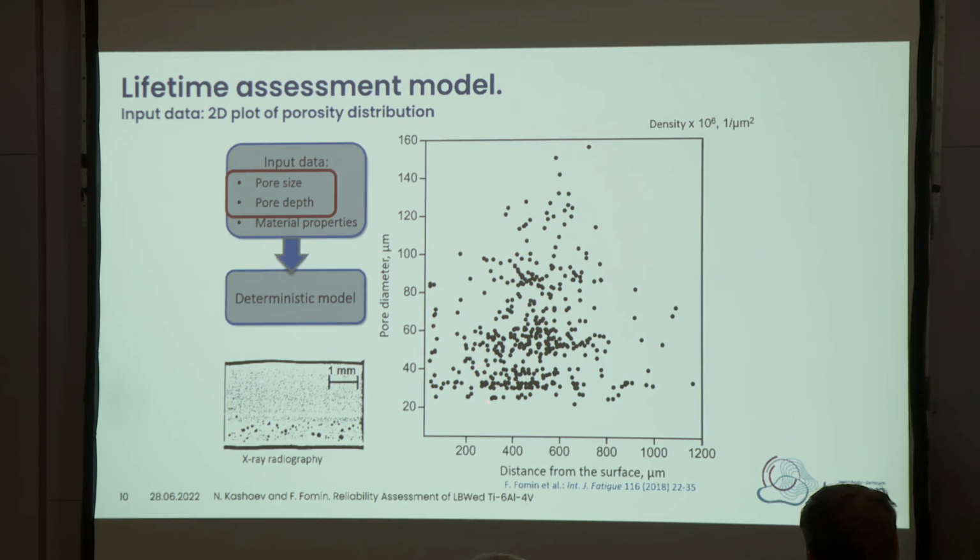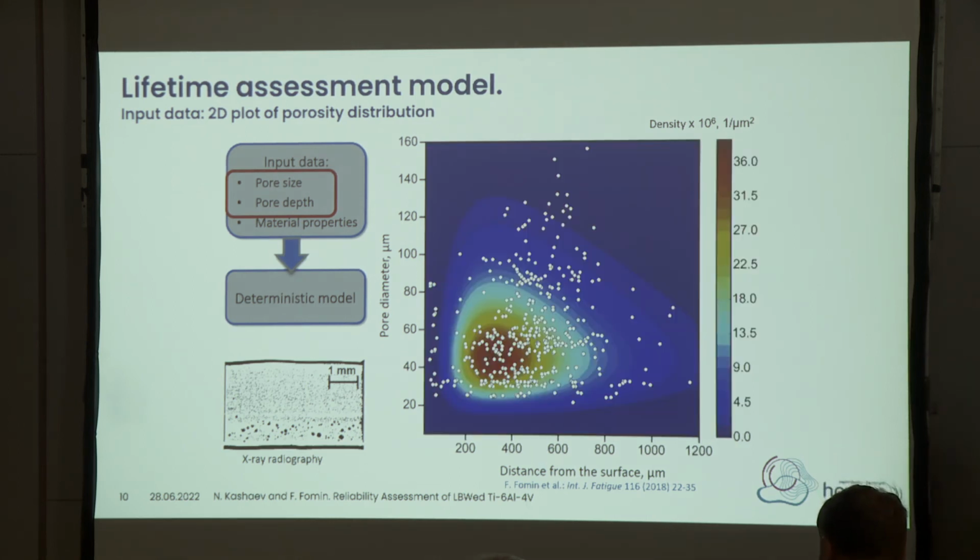Here are our experimentally obtained results with regard to pore diameter and distance from the surface. In order to perform probabilistic analysis, we can fit a mathematical representation of this distribution using, for example, a probability density function. Now the color is a 2D map of the probability density. Here we see, in red, where the most population of the pores is located.